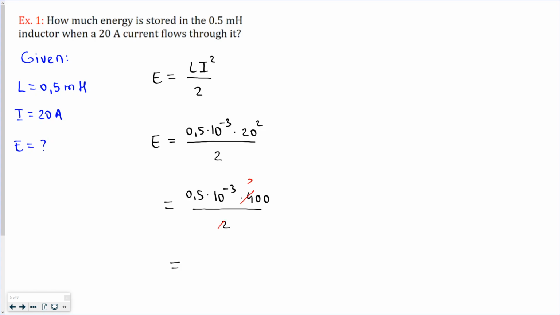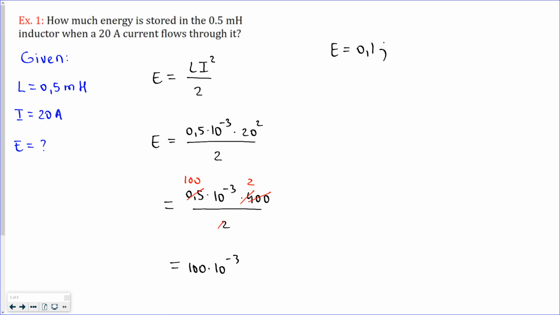We have 2 here, 200. This can be cancelled as 100. So 100 times 10 to the minus 3. The final answer for the energy is 0.1 joule.